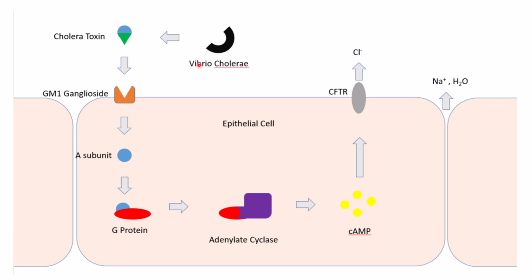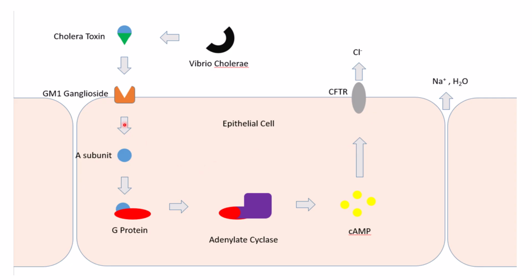So cholera toxin produced by Vibrio cholerae is having two subunits, A and B subunit. The B subunit will bind to the GM1 ganglioside on the epithelial cell of the intestine and it will be internalized. First it will enter to the Golgi apparatus and then to the endoplasmic reticulum.